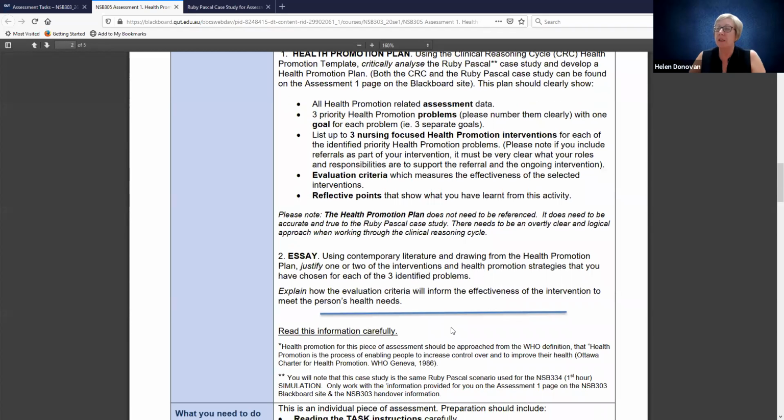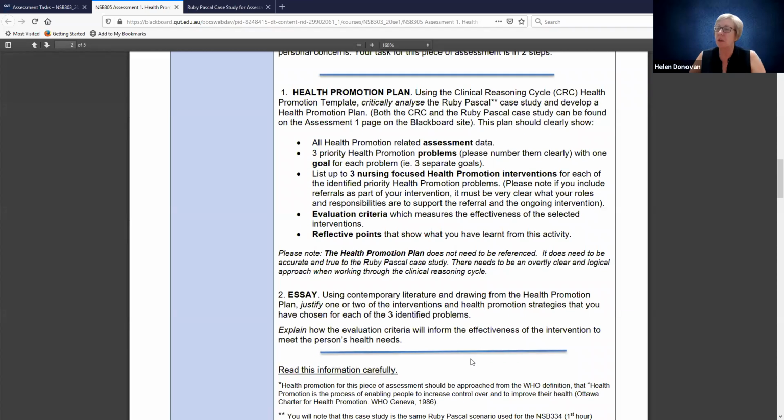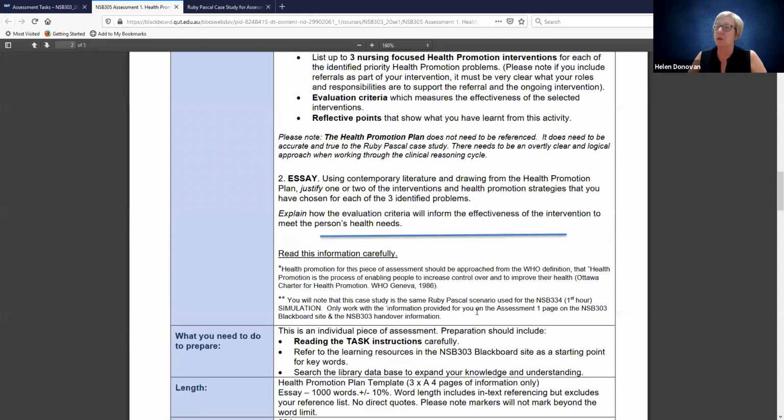Now, the next part is about the evaluation criteria. So you need to explain how the evaluation criteria that you have listed on the plan will inform you as to the effectiveness of the intervention and the strategies that you've used to be able to achieve your goals. So you need to be able to explain that. Now, it's an essay, so you need an introduction and a conclusion.